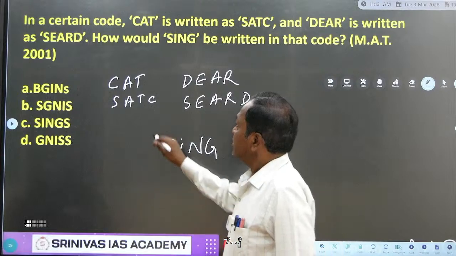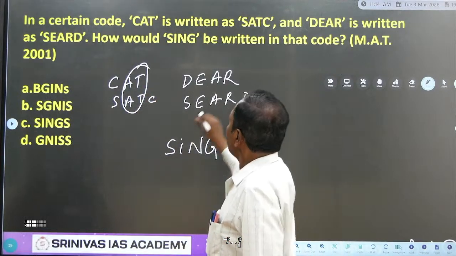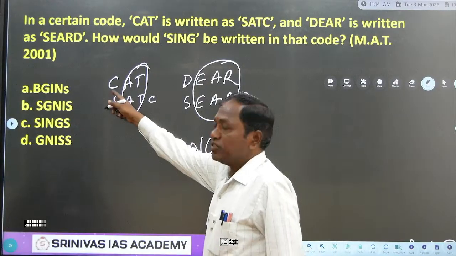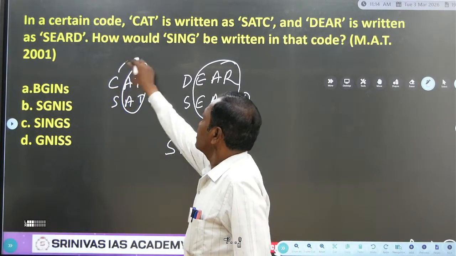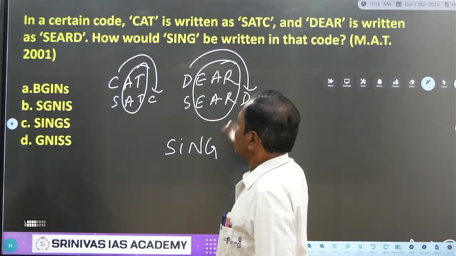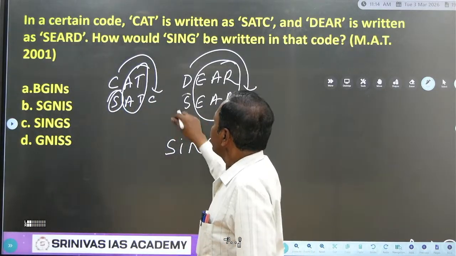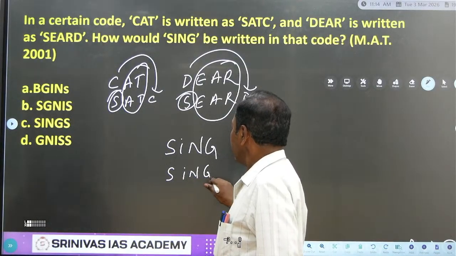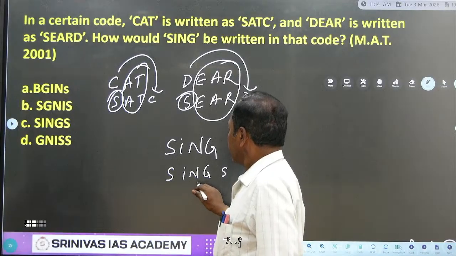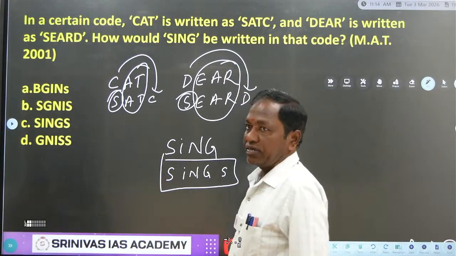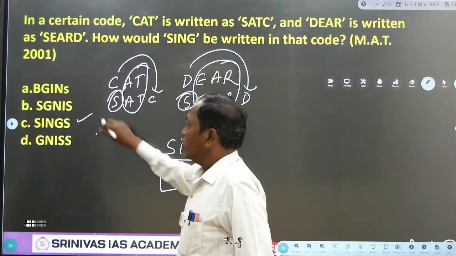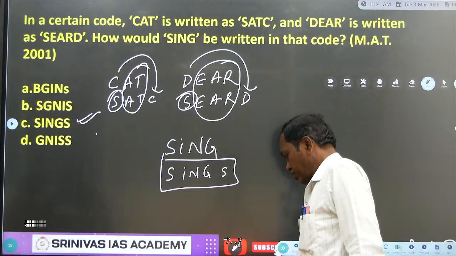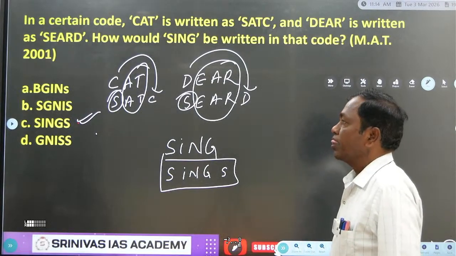Now see this, EA is very common, but C is moved to this place, D is moved to the last, S simply is added. It means SINGS, right, that's all. Sings is the option C.